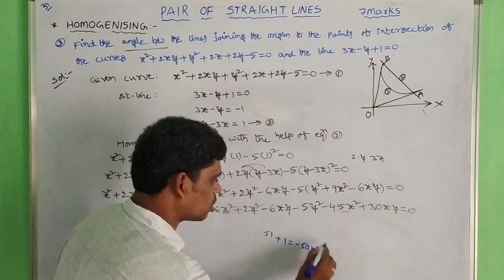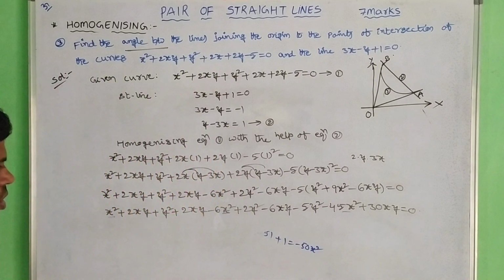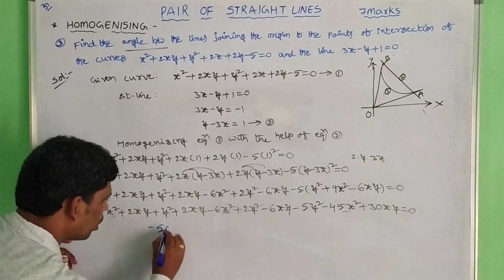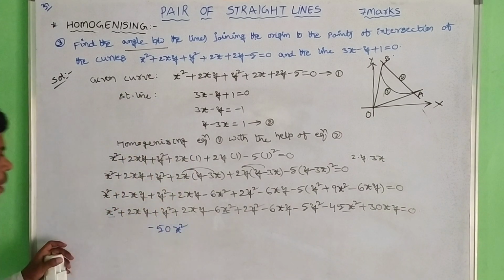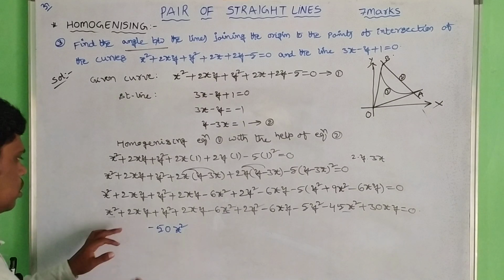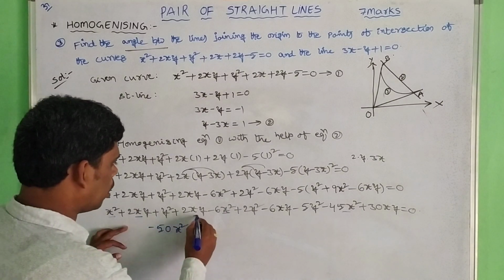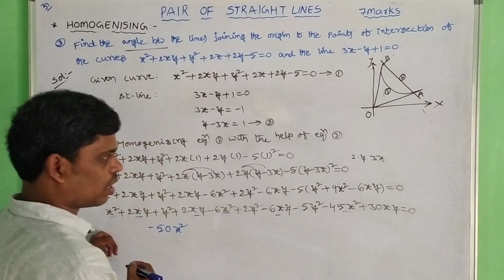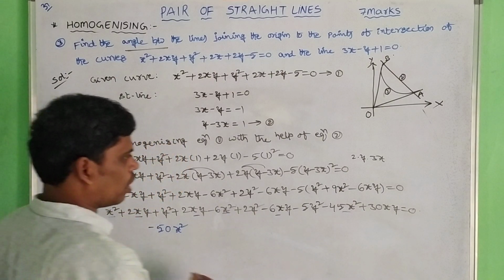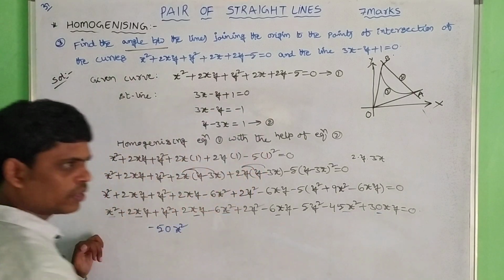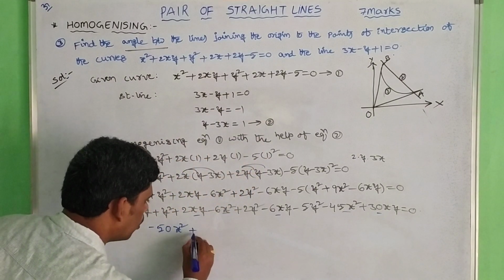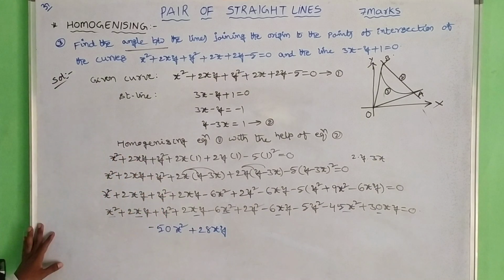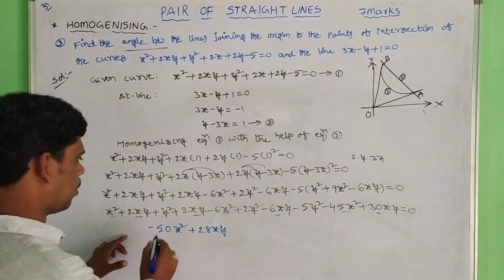So minus 50x square. Next, the xy terms: this is 2xy and 2xy, 4xy. 4xy minus 6xy minus 2xy, minus 2xy plus 30xy, so plus 28xy.